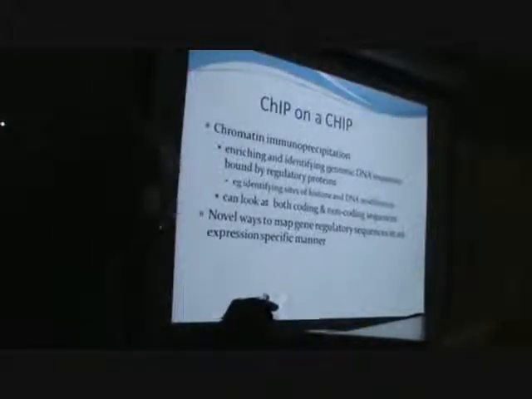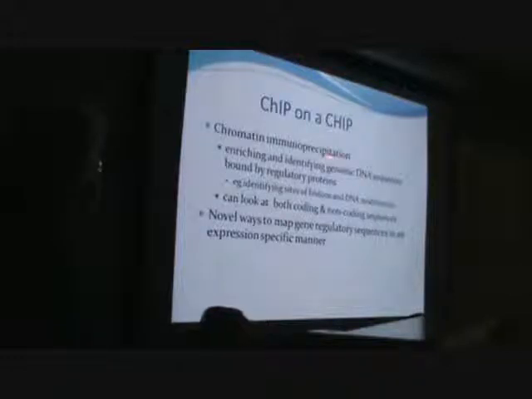So, ChIP on chip, chromatin immunoprecipitation, is used to enrich and identify genomic DNA sequences which function by binding regulatory proteins. So with the source tissue that you're interested in, you cross-link the DNA and protein and fragment it and purify it so that you now have this cross-linked DNA protein.